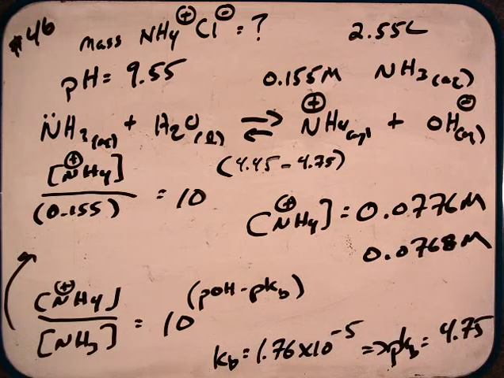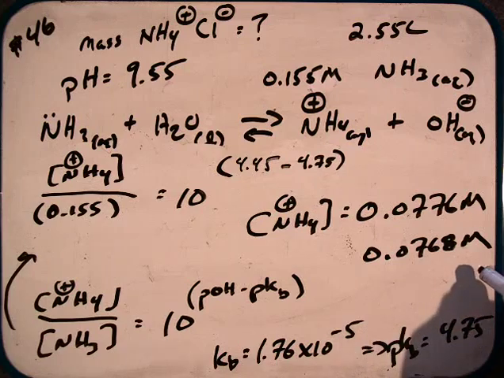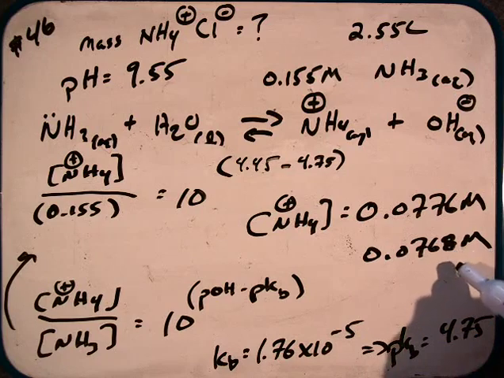So again, what I'm trying to say here is that you can use the ICE table to solve for these types of buffers with the Henderson-Hasselbalch. We got 0.0768 molar for that concentration, and then we went further to actually get the mass, but that is our concentration we got from using the ICE table.